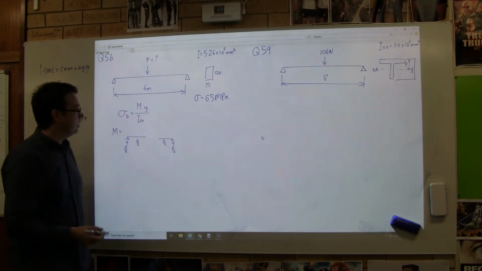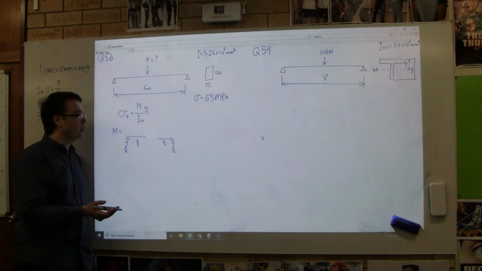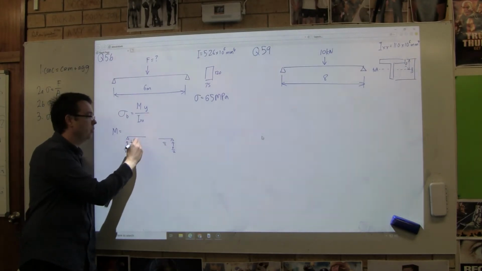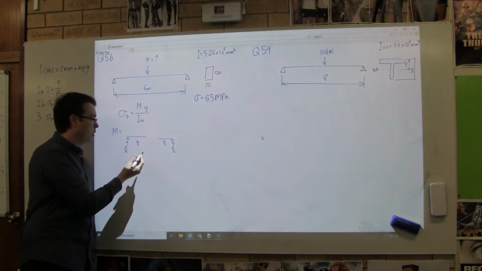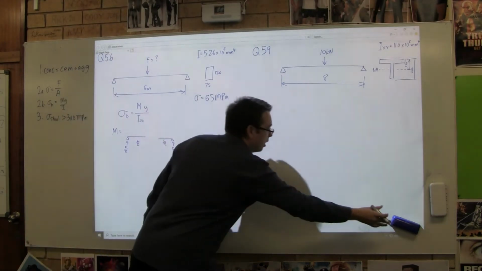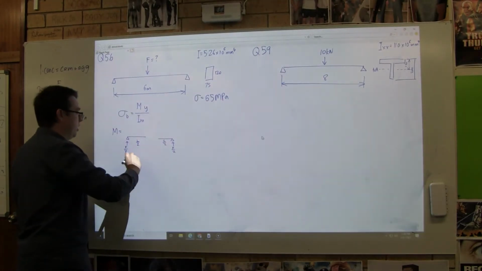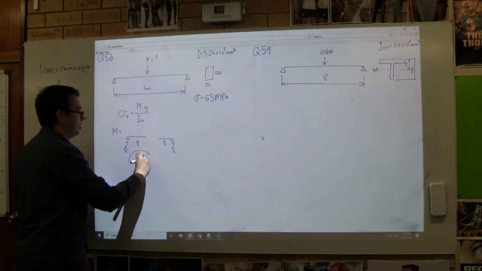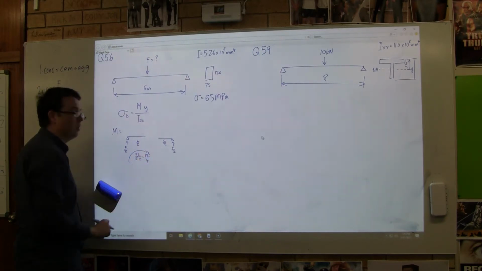So what that means is that in our case, we could normally just say this is L. Let's use L as an example. This bending moment is going to equal F times L, F on 2 times L on 2, which is the same as FL on 4.